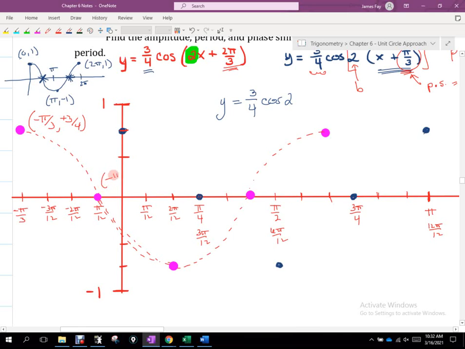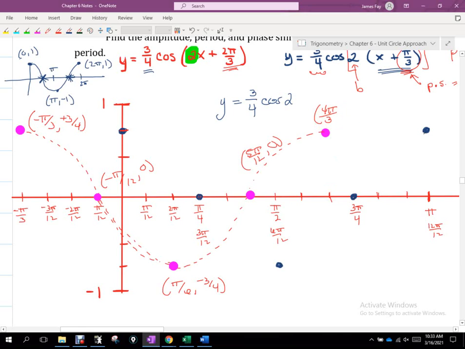This would be negative pi over 12, comma 0. Pi over 6, comma negative 3/4. So this would be 5 pi over 12, comma 0, and this one would be, what, 9 pi over 12. So this would be 8 pi over 12, or 4 pi over 3.